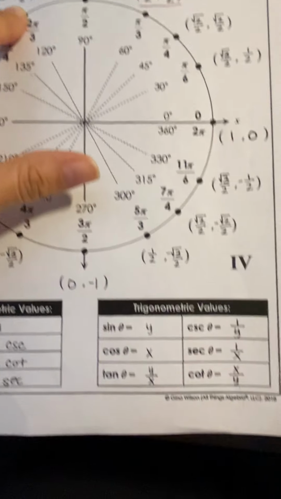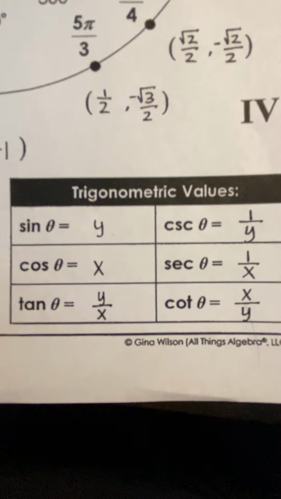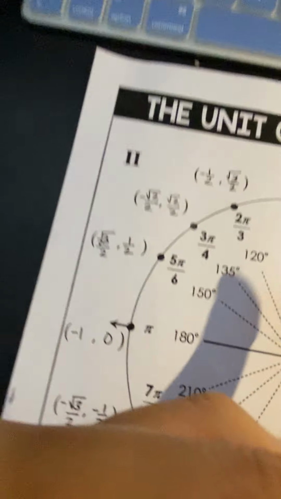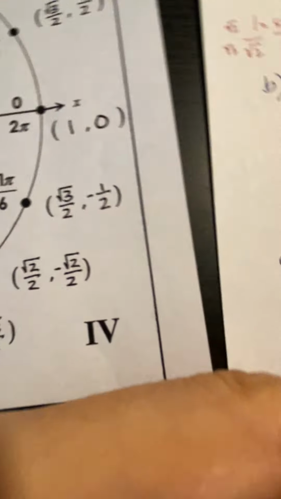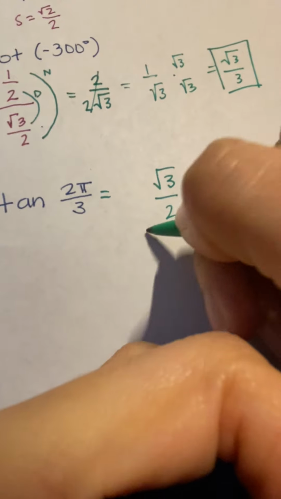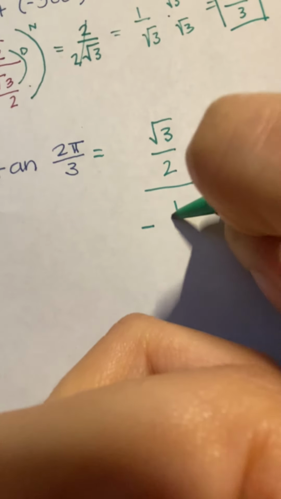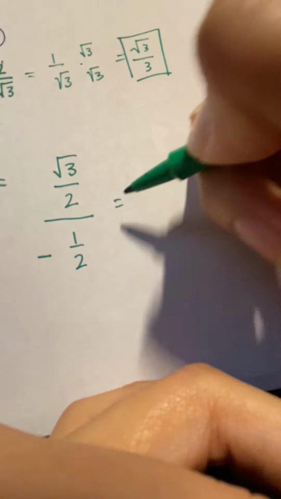So tangent says that I have to use y over x. So for 2 pi over 3, my y is square root of 3 over 2, all over negative 1/2. I know it's going to be negative because I'm dividing by a negative, so I'm just going to put a negative.